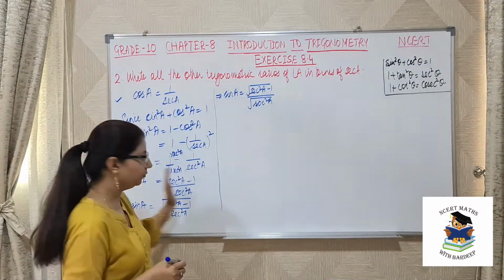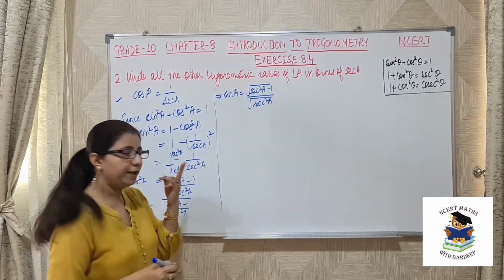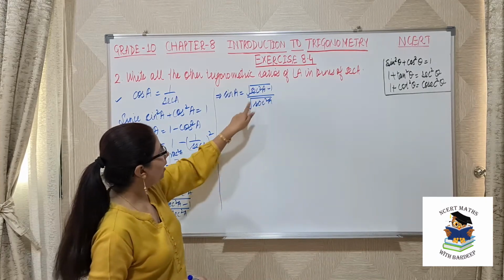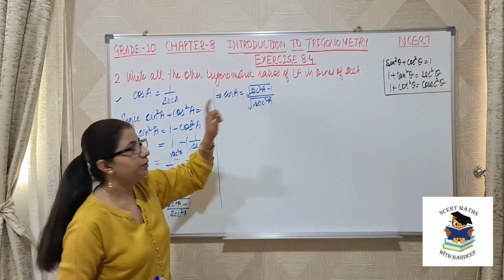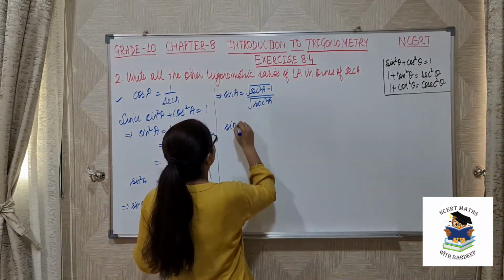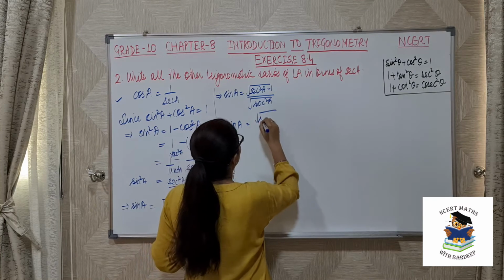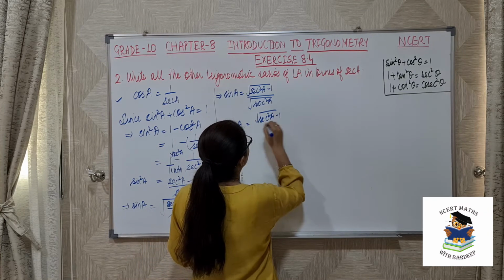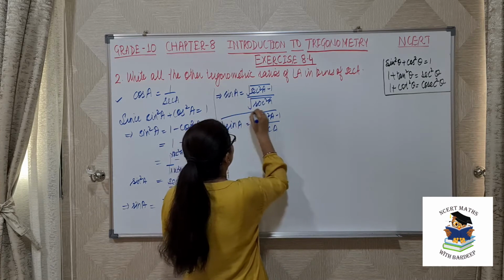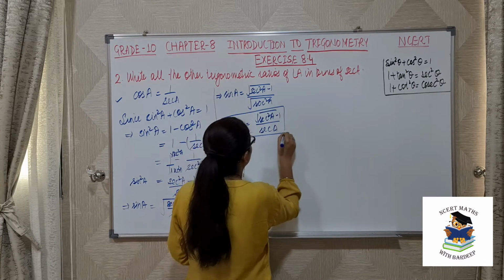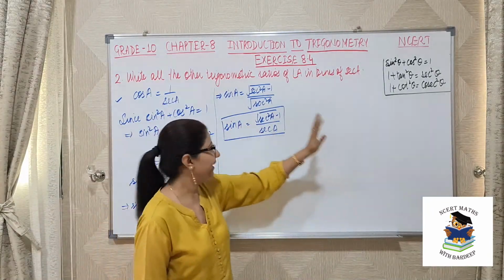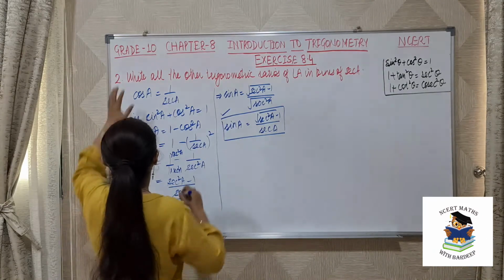Because we cannot cancel the full square root. In the numerator we have 2 terms, in the denominator we have 1 term involving a square. So after doing this step, this square root and square will be cancelled. So we are left with square root of secant square A minus 1 over secant A. So we can see that now sine A is expressed in terms of secant A. So we are done with sine and cos.